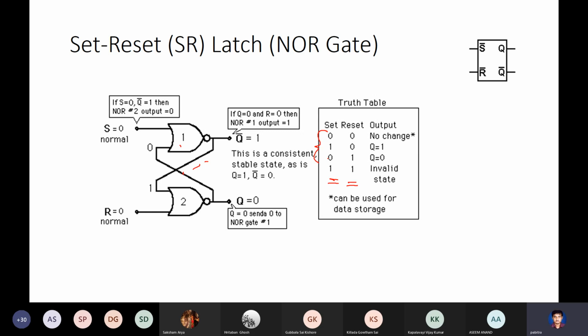So why not make a latch like this: 0 0 is no change, set 1 gives output 1, set 0 gives output 0, and 1 1 is a toggle of Q(t). So 0 0 is no change, and 1 1 is a flip of the output. This is called a JK latch.